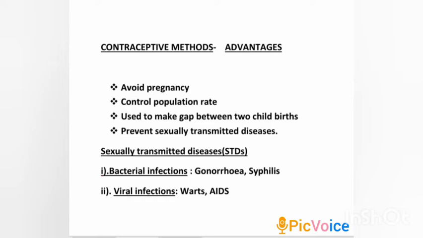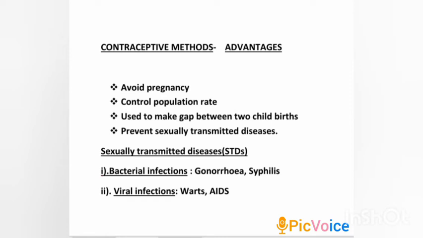They are of two types: bacterial infections and viral infections. The examples of bacterial infections are gonorrhea and syphilis. And the examples of viral infections are warts and AIDS. What is the full form of AIDS? Acquired immunodeficiency syndrome.